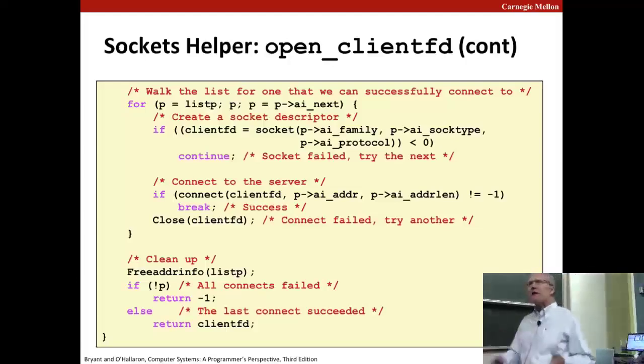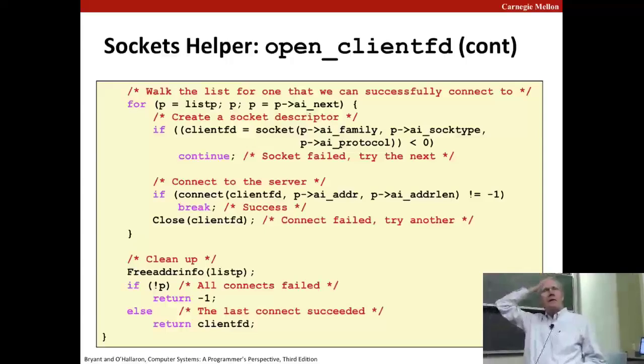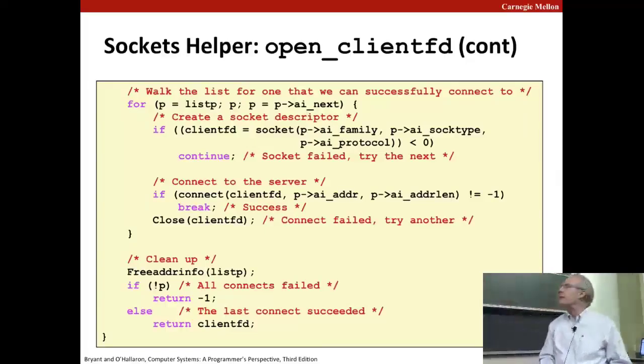But socket doesn't actually do anything as far as the internet goes. There's not even serious effort within the operating system. Nothing goes over the network here. It just allocates some local data structures.